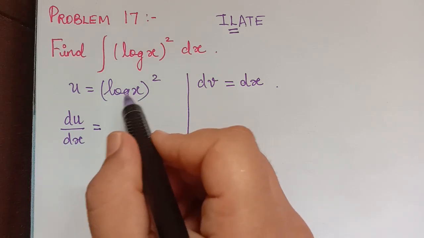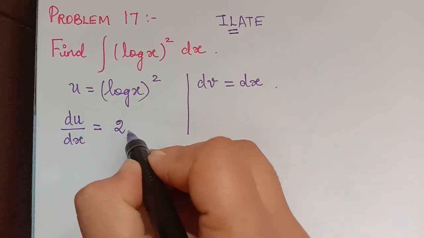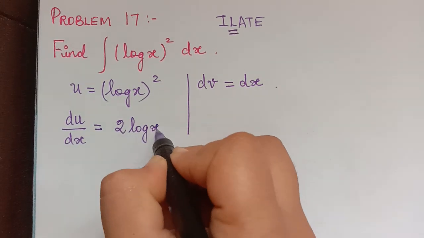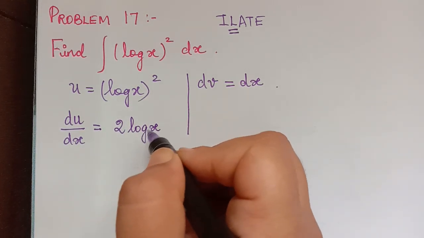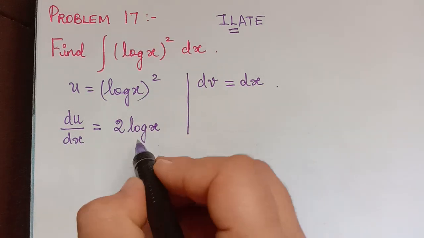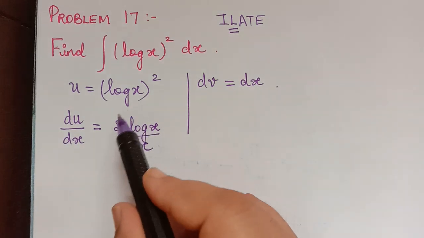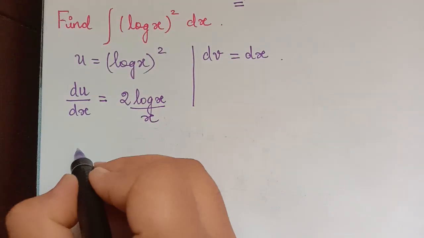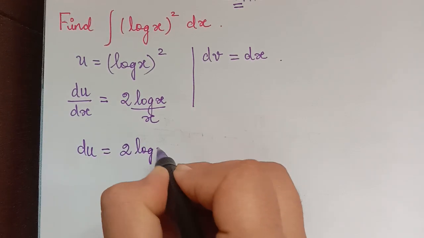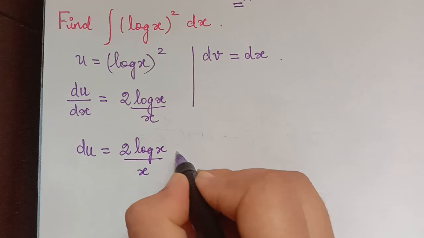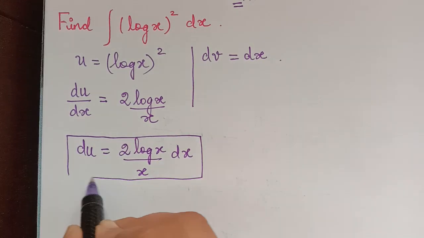First we differentiate the square, which gives 2 log x, and then we differentiate log x, and the differentiation of log x is 1 by x. So we get divided by x. Hope you understand this. So from this we obtain du equal to 2 log x divided by x dx, taking this dx to the right. So this is the value of du.